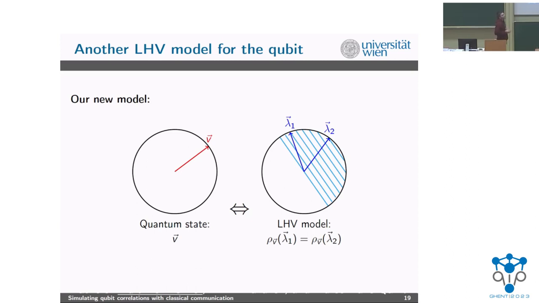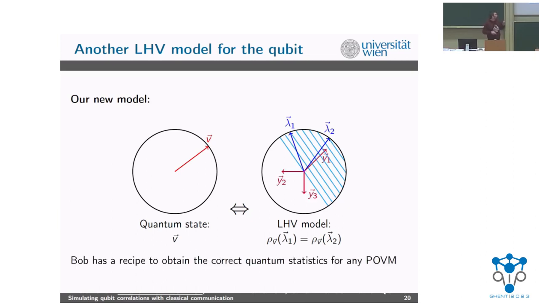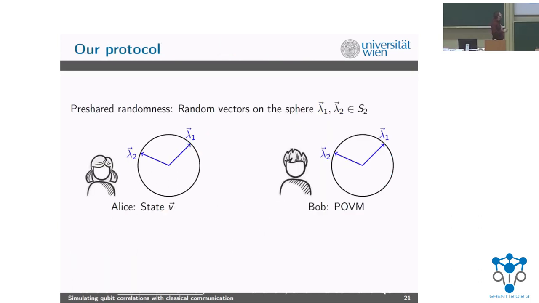And the idea of the new protocol is that Alice again tries to produce such a distribution to Bob, because she knows that for a given POVM, whatever POVM that might be, Bob has a recipe to come from these two vectors up with a result that obeys exactly quantum statistics. And the protocol then follows immediately from that.